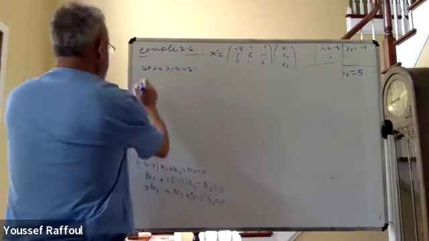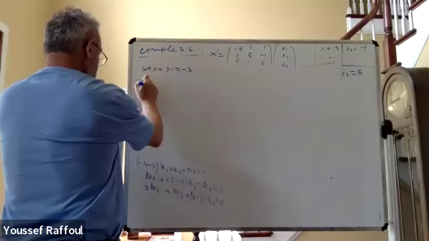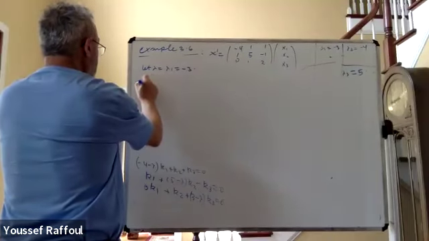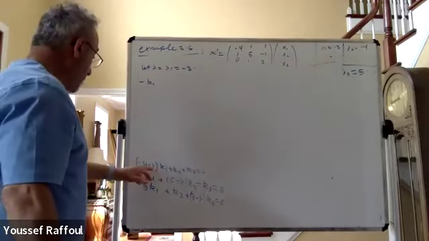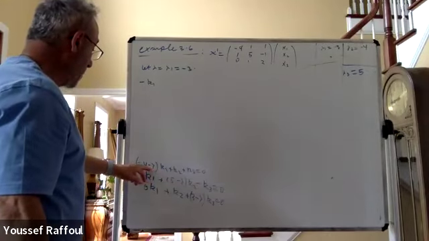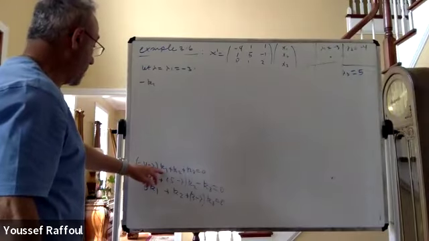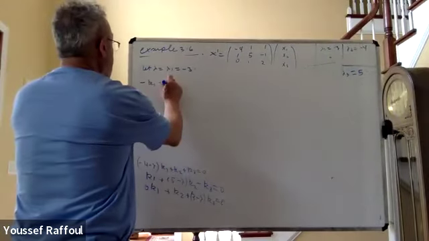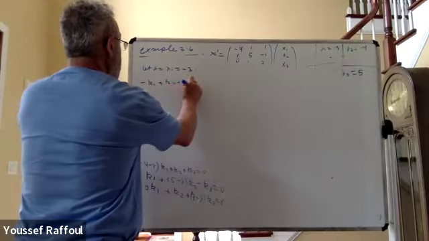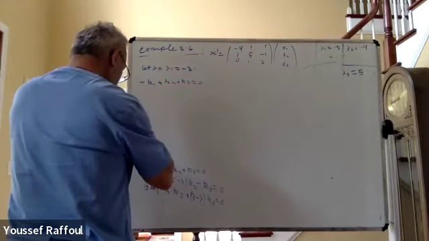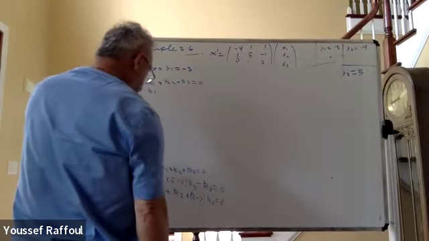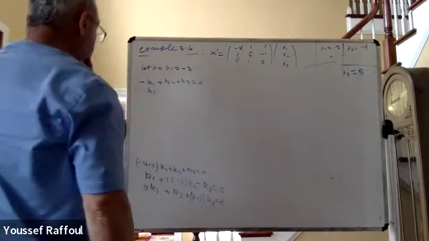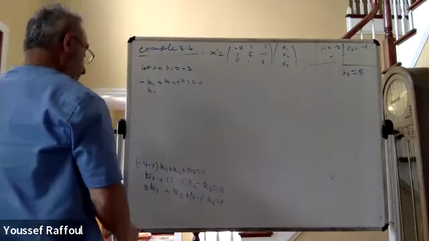So this becomes minus K1, because lambda 1 equal -3. So this will be -4 plus 3, which is minus K1, plus K2 plus K3 equals 0. K1, 5 minus lambda is what? Lambda is -3.